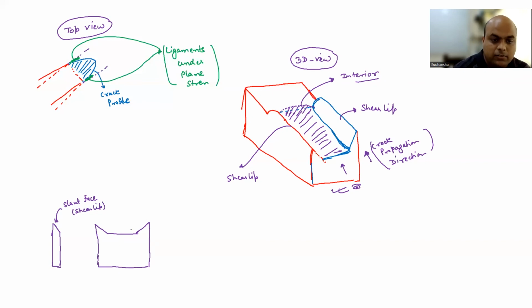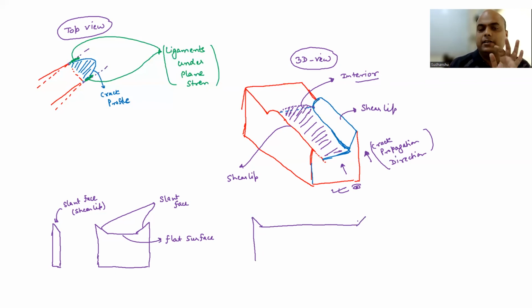Okay, here also you have these two slant faces. And this one is your flat surface. And if I increase more and more, you are going to end up having a situation like this.